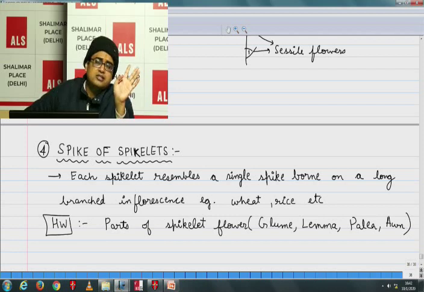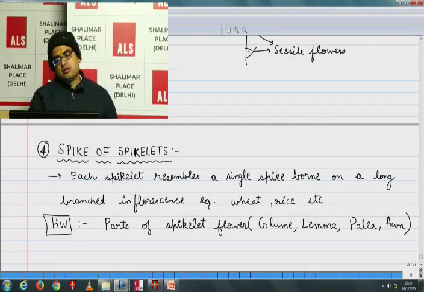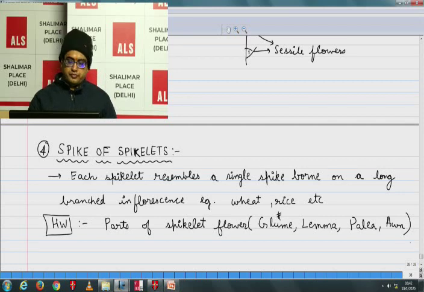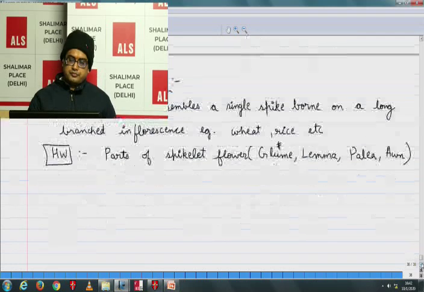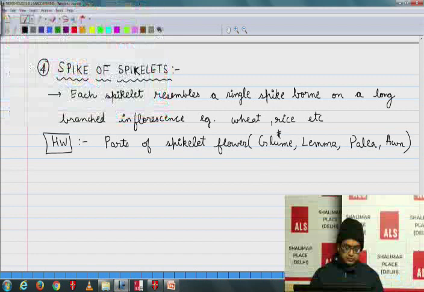Normally glume is asked, others are only important for NEET exam. But at least find out about glume if you are concerned for your boards. Okay. Normally glume is asked. What is glume? So basically it's a modification of compound raceme.